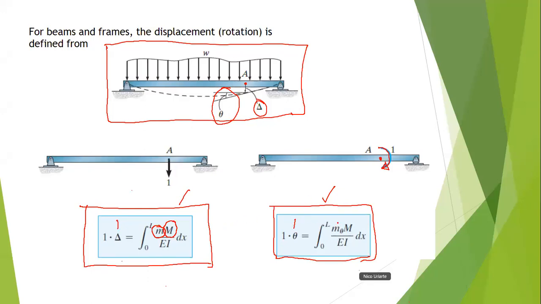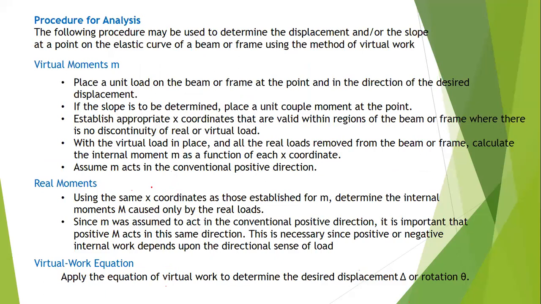And as you can see, guys, the expressions are very similar. Small m is the moment due to your unit load, and big M is the moment due to your actual load. And you simply evaluate the expression as expressed in this formula here. So it is simply equal to the integral of mM over EI. So similar lang siya. Anyway, we will go directly to the application.